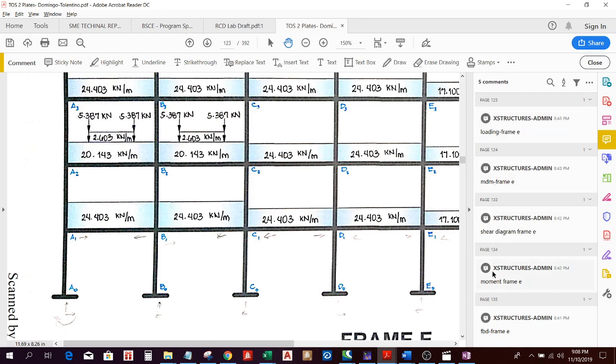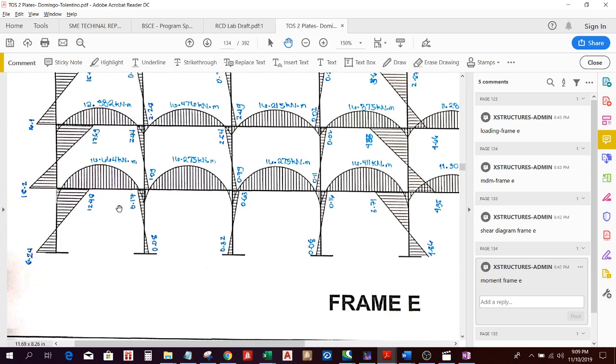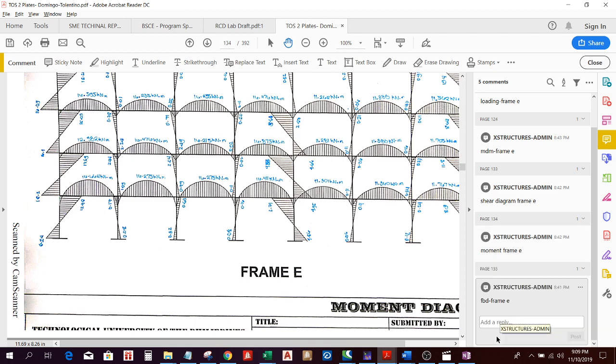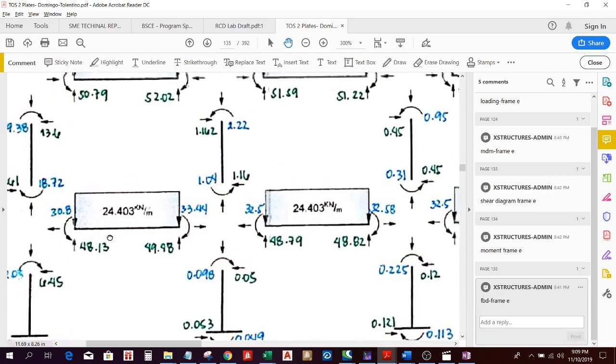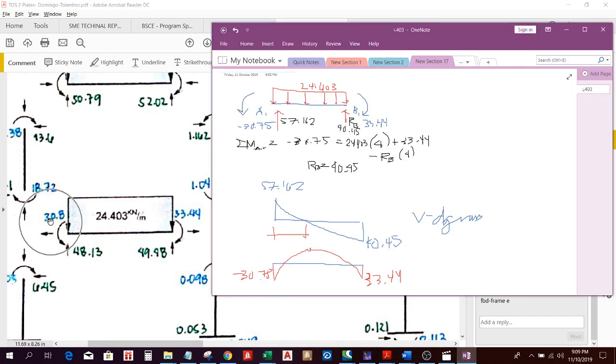So let's see the moment diagram, frame E. Where's the FBD? So 33.44, and then 30.8, 33.44, 24.403.